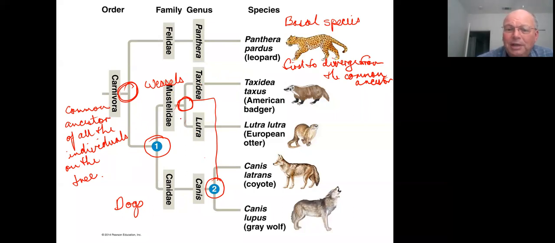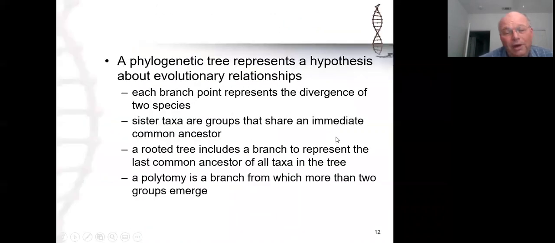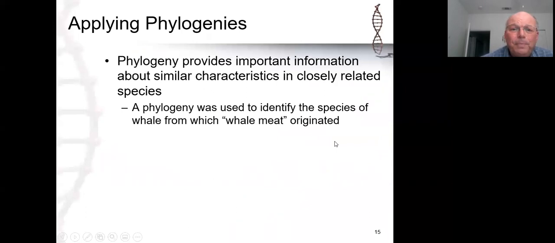So badgers and wolves are equally related to leopards as a consequence of this, because of the points of divergence and the depths that those points of divergence have in this nested hierarchy. So hopefully that makes sense to you.